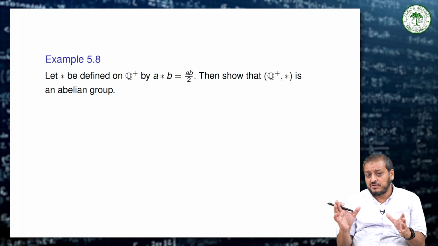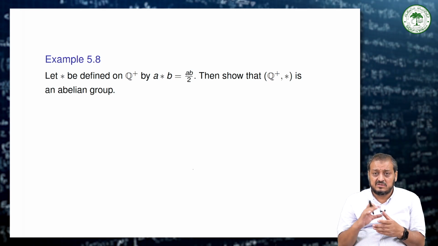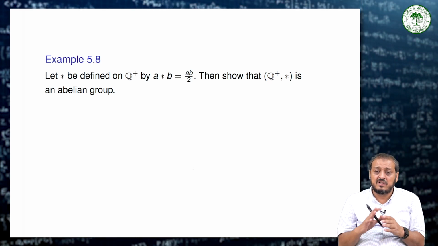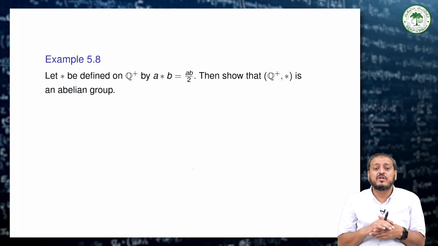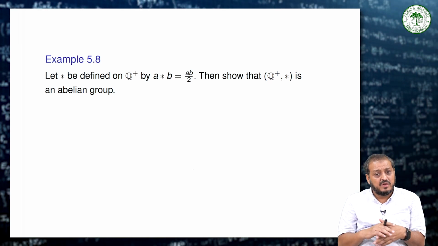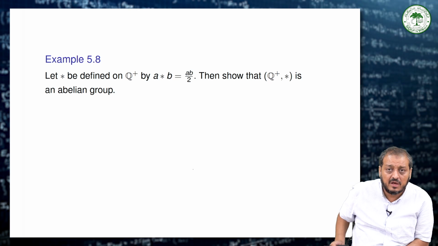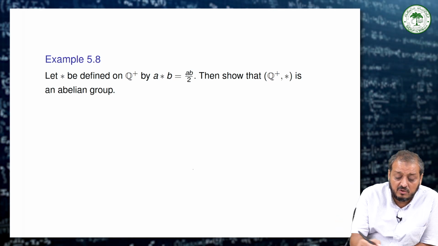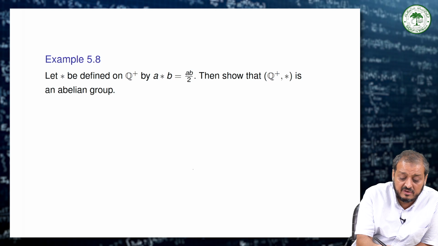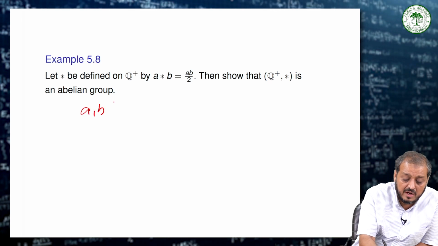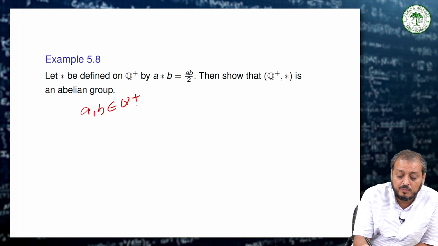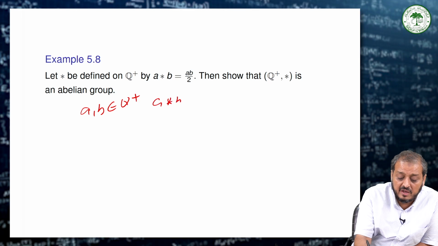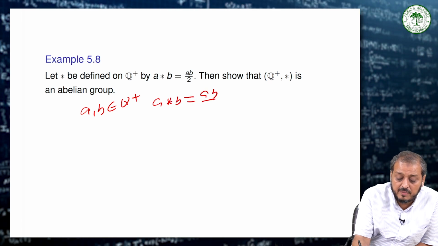The question is to show that this set of rational numbers under this binary operation is an abelian group. So we have to check whether it satisfies the conditions or not. A and B are elements of Q positive, and we have defined A star B equals AB by 2.